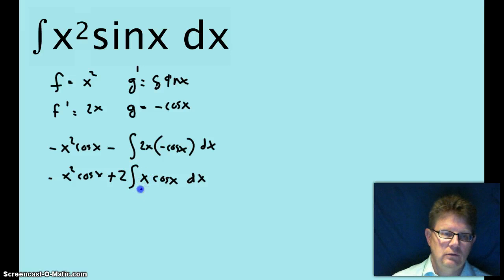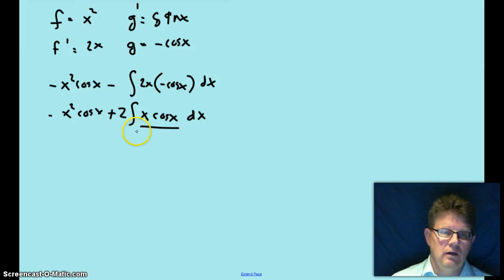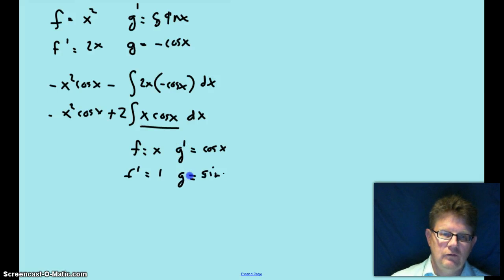Guess what? We have to do integration by parts again. Arg! So let's see here. We're going to do another f and g. f equals x, g prime equals cosine of x. So f prime equals 1. And, sorry, this is supposed to be g prime. And g equals sine x.